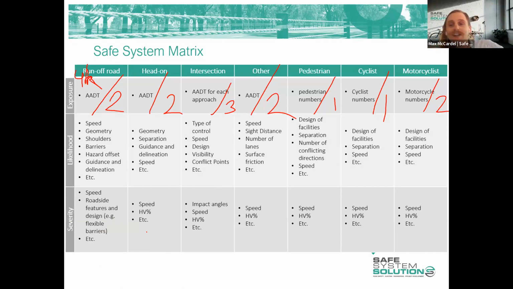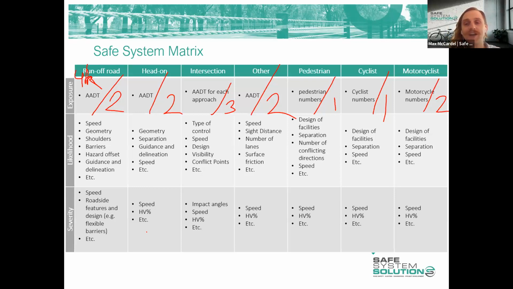The likelihood is where things get really, really fun. Because what you need to consider is, how likely is a runoff road crash to occur? And you need to clearly articulate what are the factors that are increasing that risk or that crash type occurring, and what are the factors decreasing that.